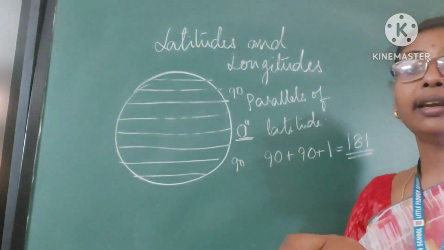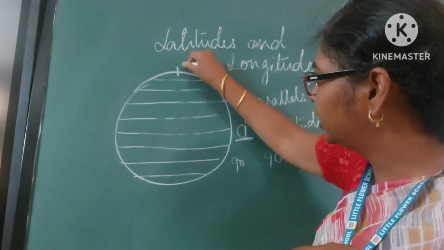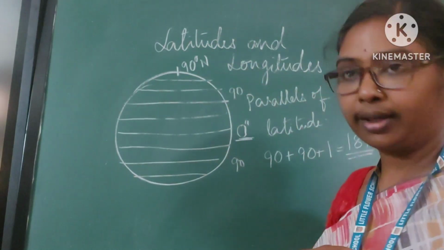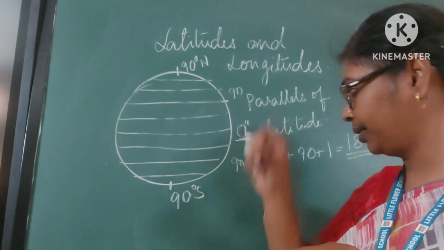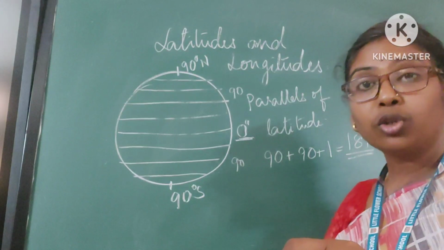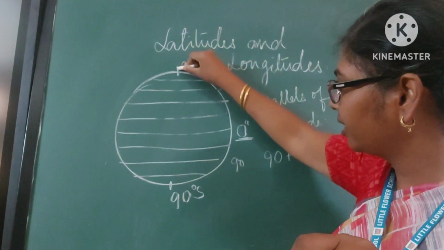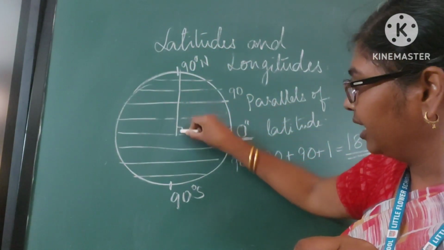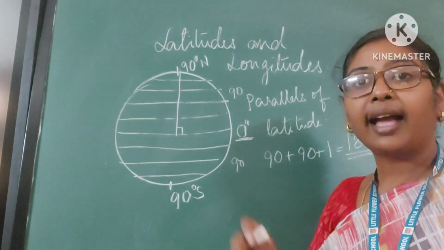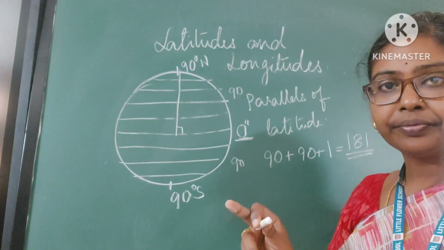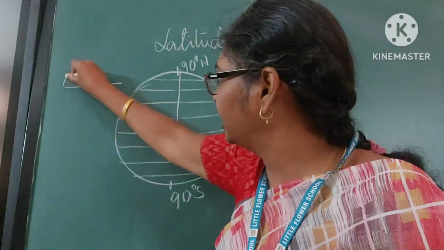Why only 90? See here, this is 90 degree north. This is 90 degree south. There is no highest point which can be reached than the 90 degree. Right? See on the protractor, mathematically we can see on the protractor.